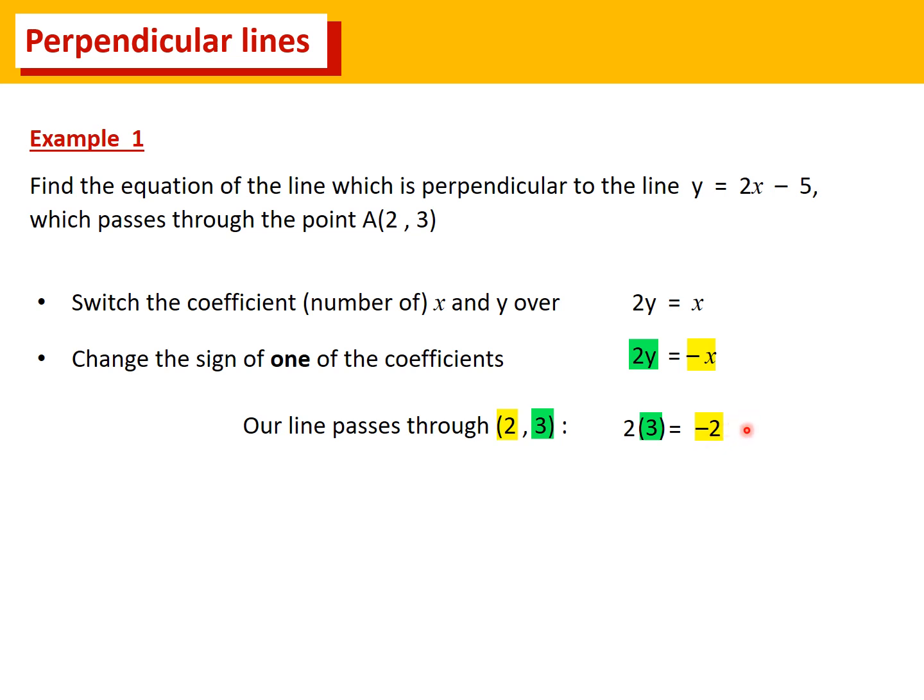So we have to do something to this right hand side to make the two things equal. What do we need to do to negative 2 to make it add up to 6? The answer is we need to add 8. So the perpendicular line that we want is 2y equals negative x plus 8.